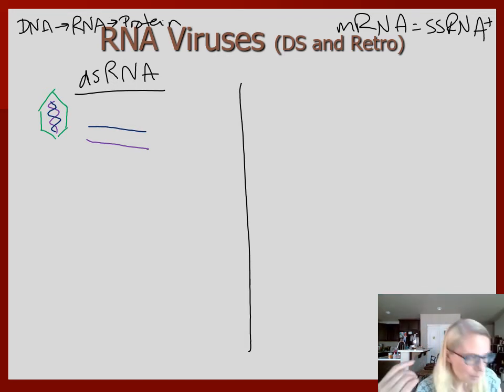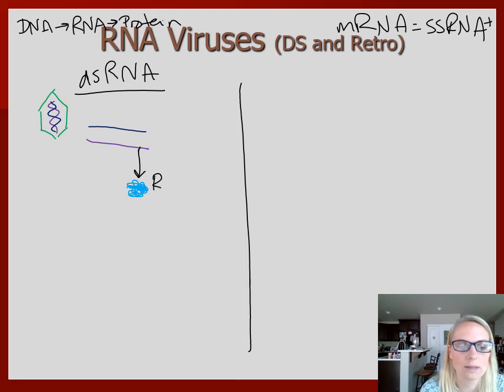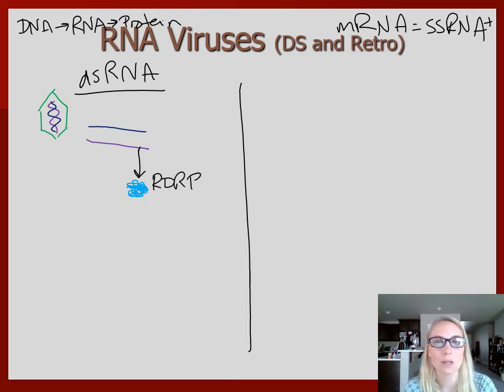So the positive strand is translated because it can, right? mRNA equals single-stranded positive into that, the RNA-dependent RNA polymerase, right? So now it can make an enzyme that can copy and replicate its genome.